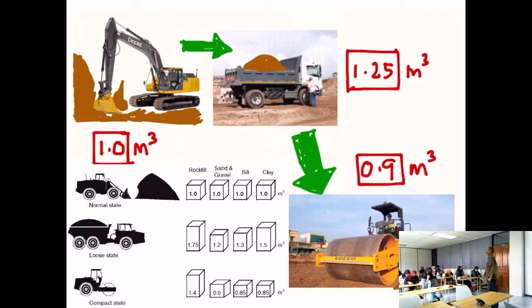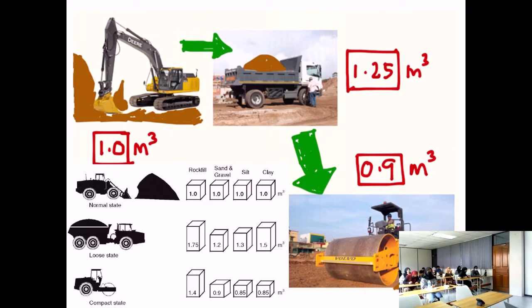But even more important is your transportation. It will occupy 1.25. So you need to plan properly so that you have enough number of lorries to bring the soil to site. You cannot say, okay, my transport here can carry 6 meter cube of soil, but that is loose soil.